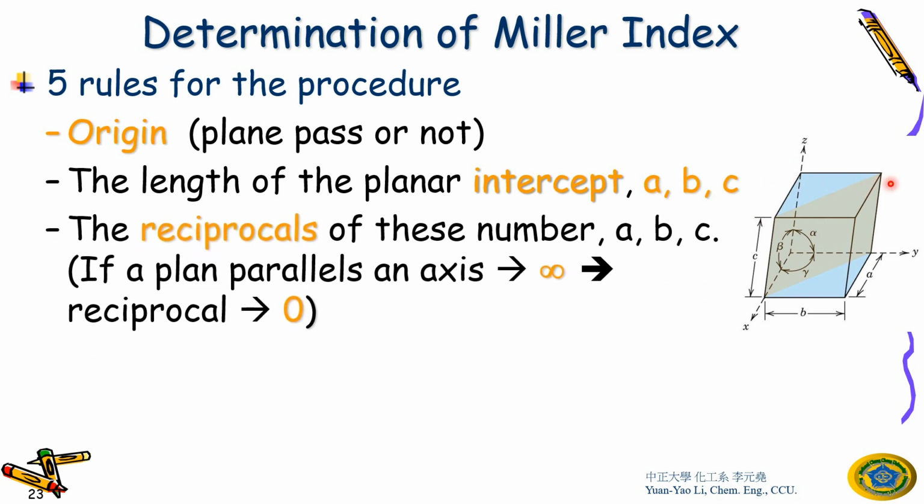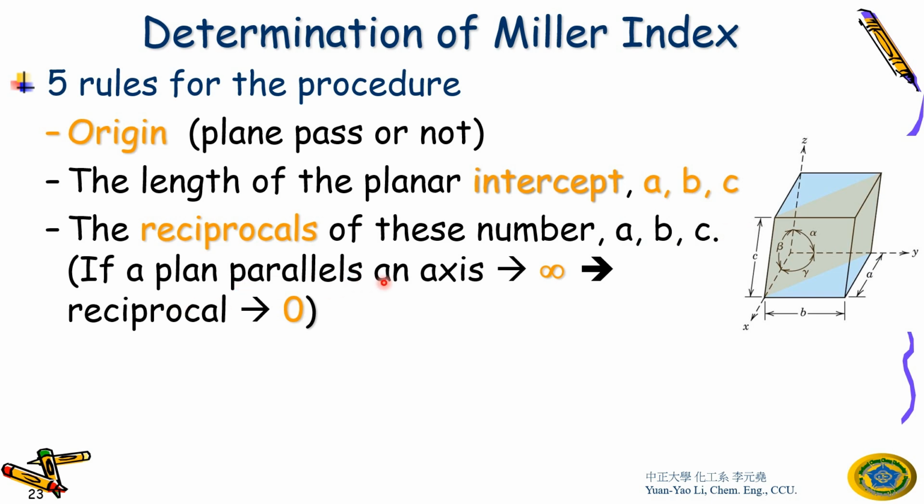Step 3, after the intercepts, you have to do the reciprocals. What does reciprocal mean? 倒数. And intercept, 截距. For example, the reciprocal of A becomes 1/A, then 1/B, 1/C. You have to do the reciprocal.